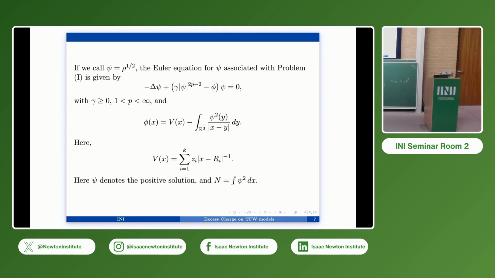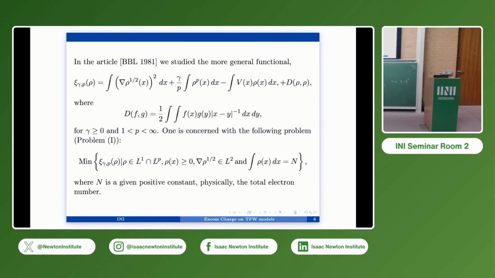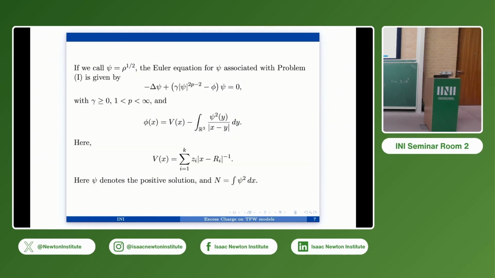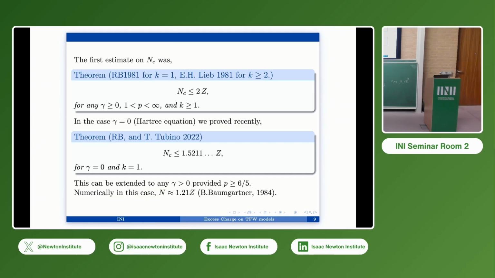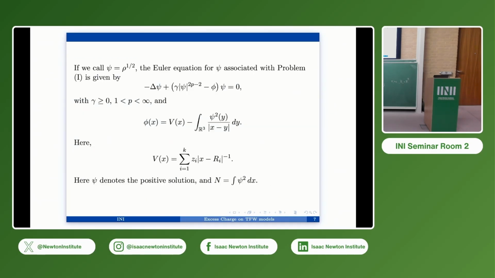And you study the Euler equation for the minimization problem. As I said before, you get this equation here. And the potential is the Coulomb potential created by the nuclei minus the potential created by the electrons.